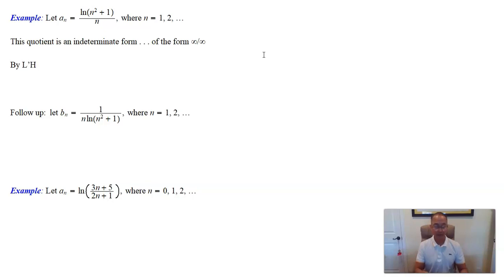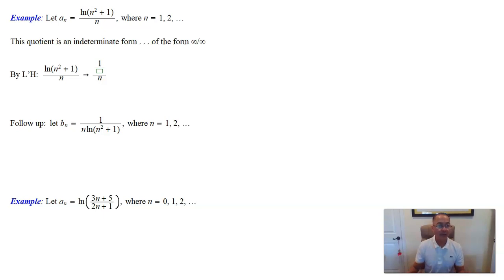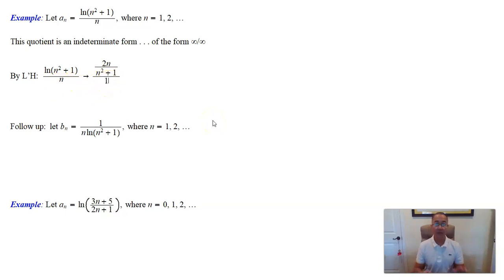So by L'Hopital, we can try to get this limit. This approaches the derivative of the numerator, so that's ln, so that becomes 1 over n squared plus 1 times the derivative of n squared plus 1, which is 2n, and then the derivative of the denominator n is simply 1.